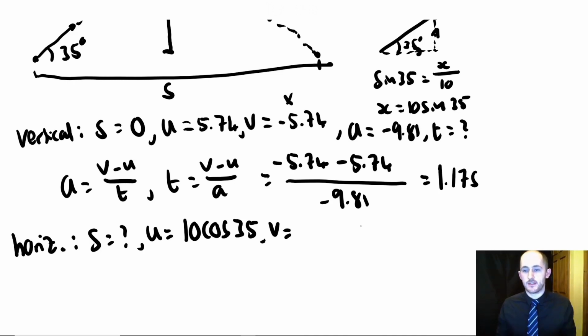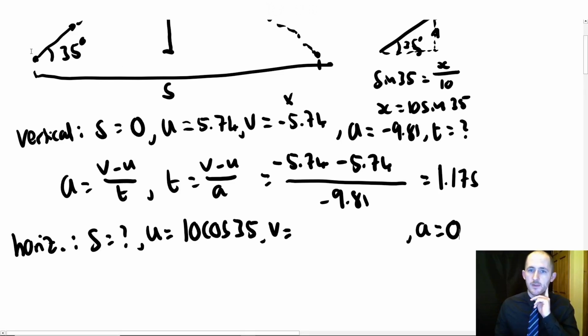So here's an interesting thing. What about the final velocity? Some people would say 0, but we're talking about the horizontal velocity. It isn't 0. Okay? And this is the reason why. Acceleration is 0. So whenever we deal with projectile motion, we're making a big assumption.